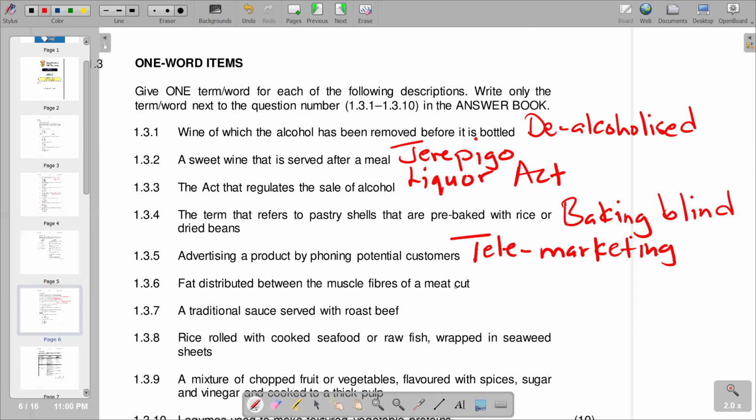The correct response that we have is marbling. Number 7, a traditional sauce served with roast beef. I will try to check what correct response we have, but this is just gravy. We can just include the term gravy, which is the correct response.